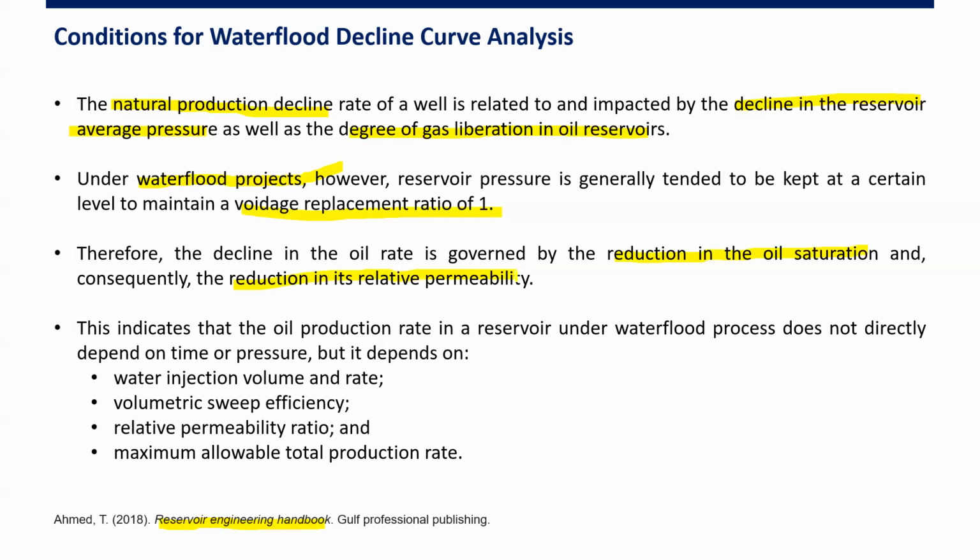All right, so you can see the difference between natural production decline and water flood production decline. In natural production decline, the key driver is the decline of reservoir pressure. But in water flood decline, the key driver is the decline of oil saturation and the reduction of the oil relative permeability.